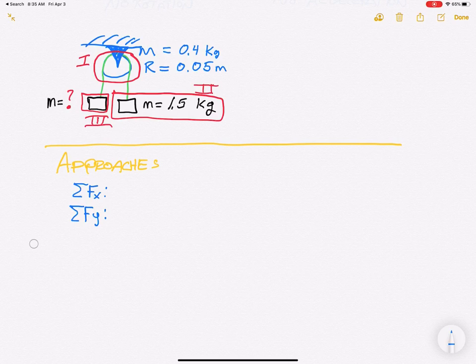The sum of the forces in the x direction, that would be our horizontal direction, usual xy coordinate. There are no forces in that direction, which is good because we want that to sum to 0.